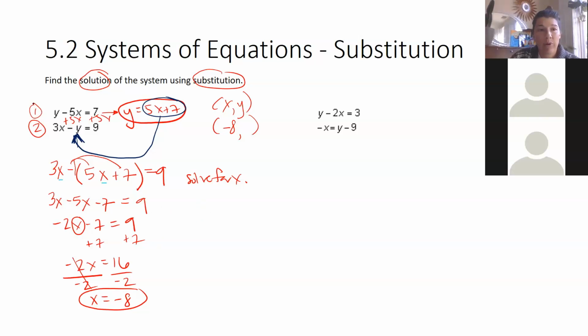So Katie, do you have a preference which equation 1 or 2 you want to use to find y? I don't know. They're both kind of ugly. Yeah. Let's just jump in. Let's just use 1.